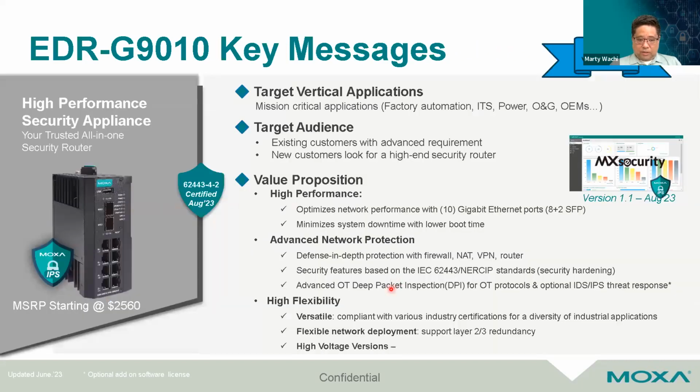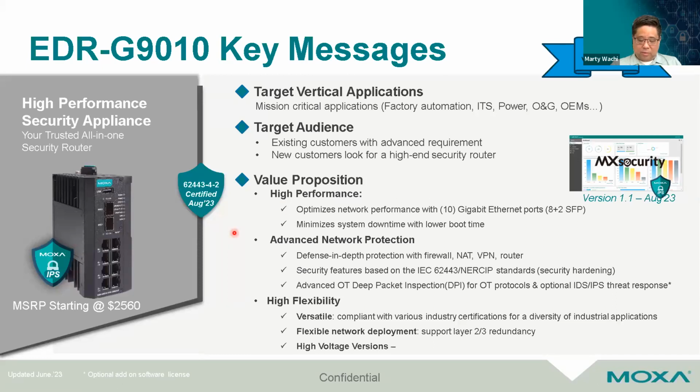So hopefully you guys are familiar with the EDR G9010, our next generation firewall with IDS IPS. This came out about a year ago. At the end of this month, we'll be coming out with a new software update for this product, which will bring it up to the 62443-4-2 certified status, and we'll have that certificate in August.